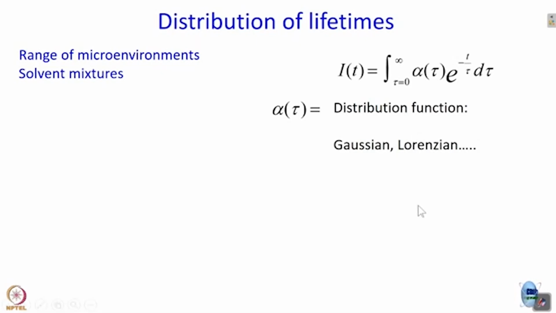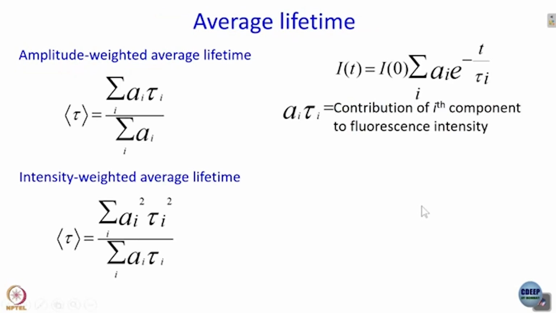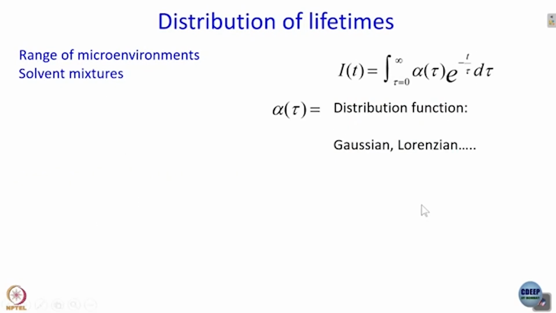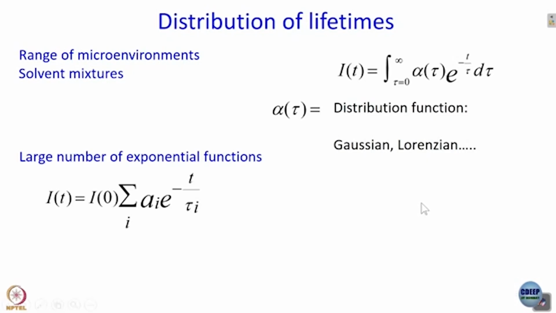So often what we do, and these programs usually have a provision for it, is try to get away with the trouble of using explicitly a distribution function like Gaussian, Lorentzian, etc., by instead using a large number of exponential functions.